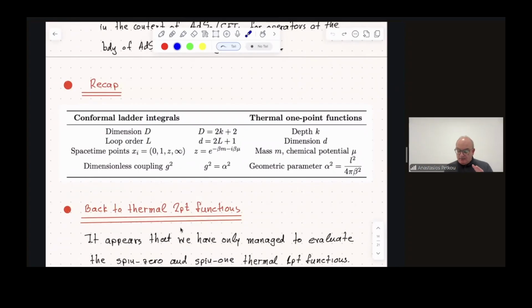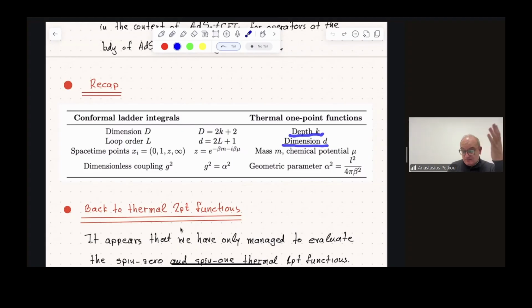So I recap what I have suggested so far: from the thermal one-point function point of view, I have a theory that lives in d dimensions. I consider thermal averages of depth k.